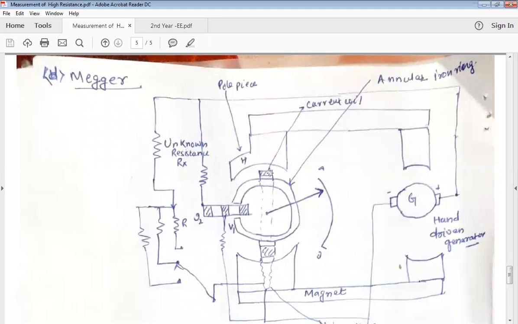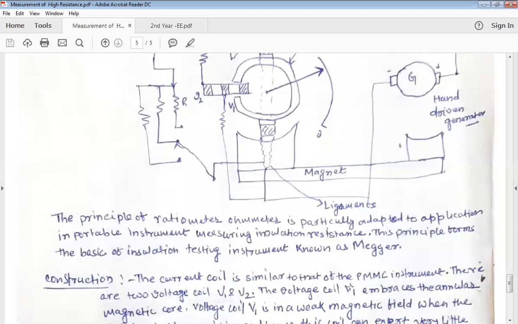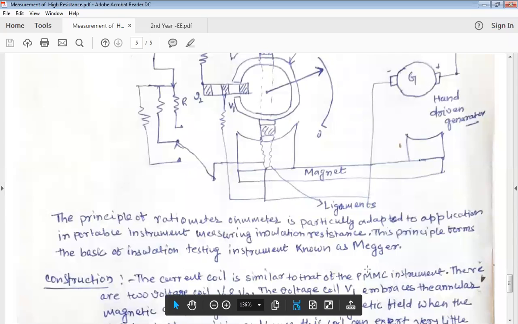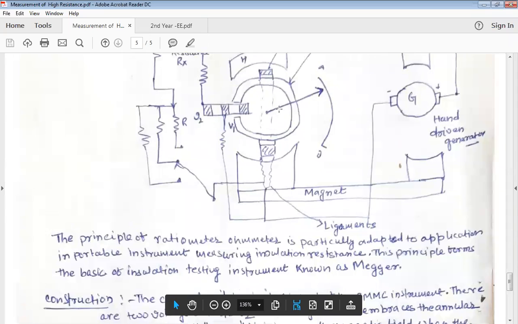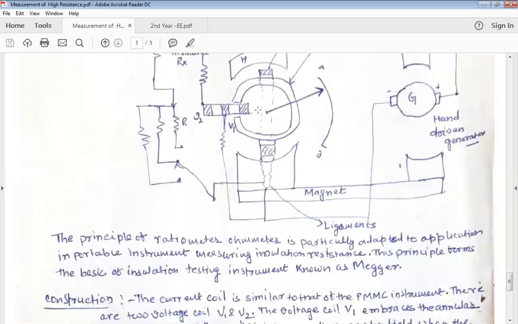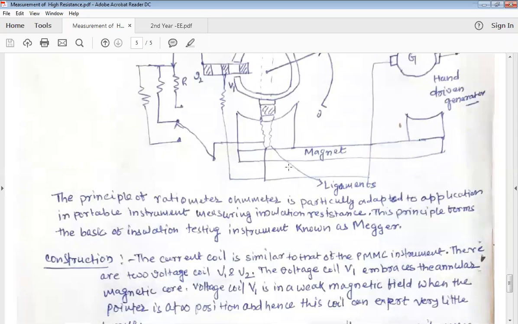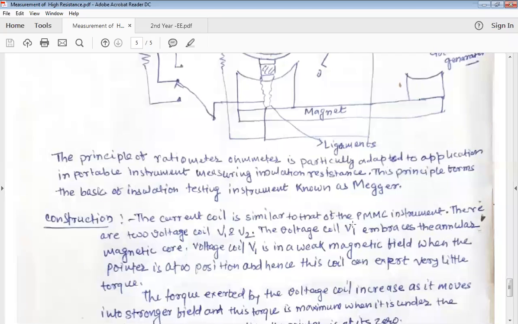PMMC full form is permanent magnet moving coil. It means in this type of instrument the magnet is fixed and the coil is moving according to the value of current. So the current coil is similar to the PMMC instrument.